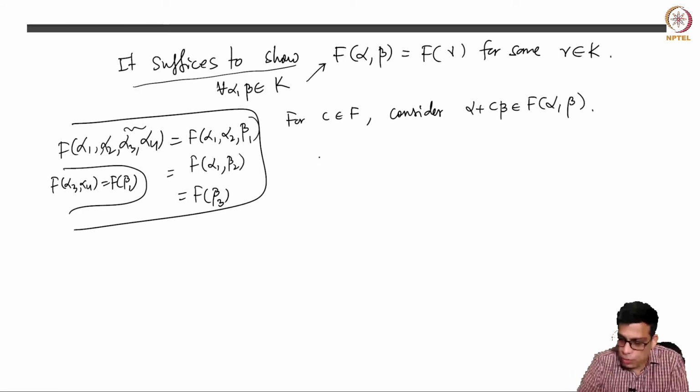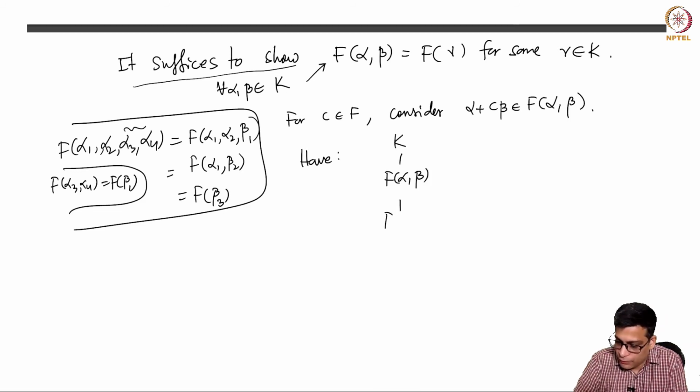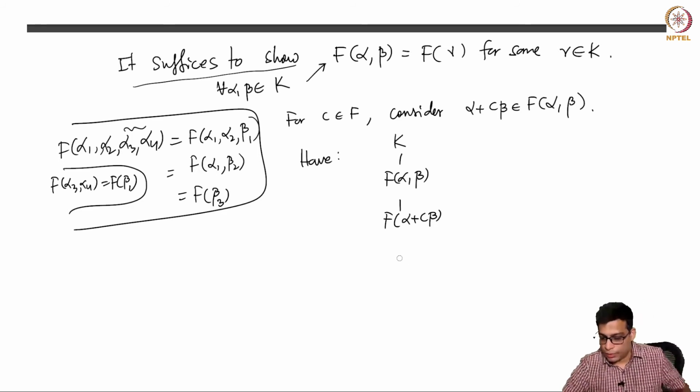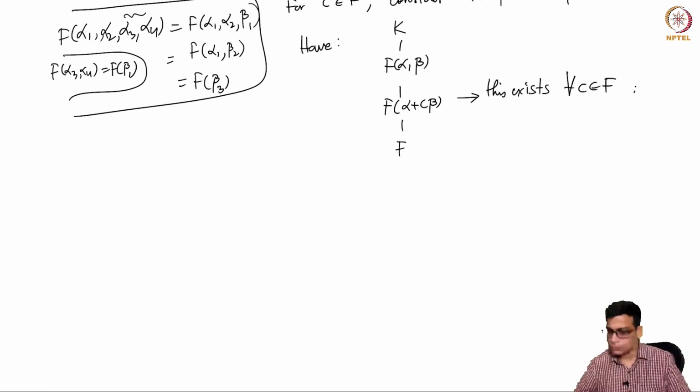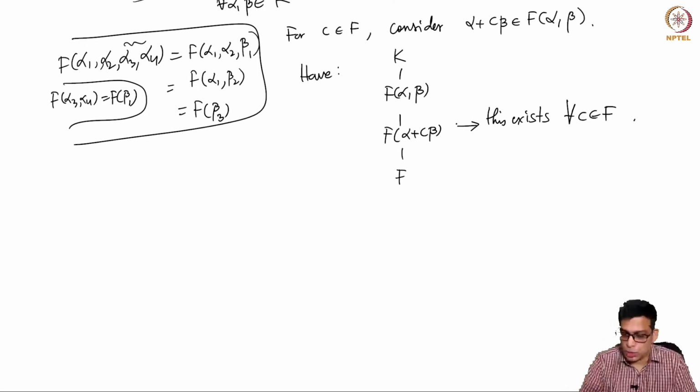So we have K, F(alpha, beta), F(alpha plus c beta) over F. This exists for all c in F, right? But this is an intermediate field and there are infinitely many c's.